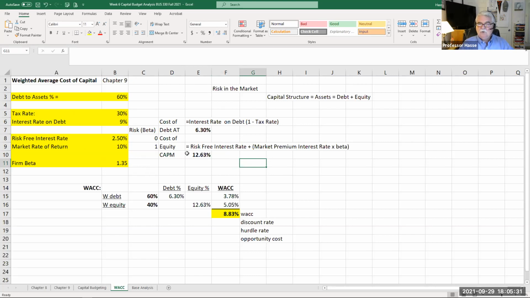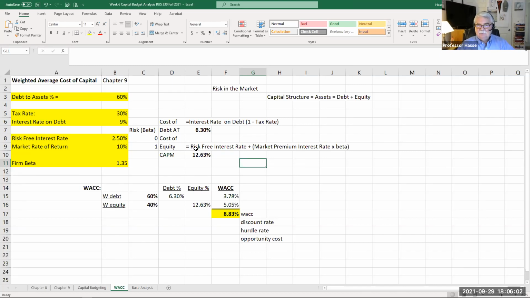But if a stockbroker calls you up in the next week or so and says, hey, Melanie, I got a company I think you should buy in your stock portfolio, in your 401k or in your IRA, and it's XYZ company. The first question that Melanie would say is, hey, Mr. or Miss Broker, what is the current beta of this company? And what is the current expected return on investors?